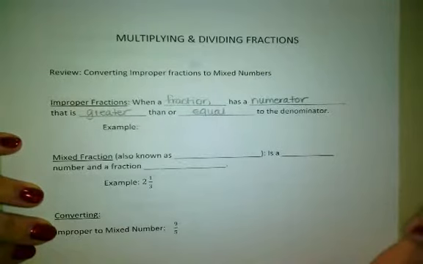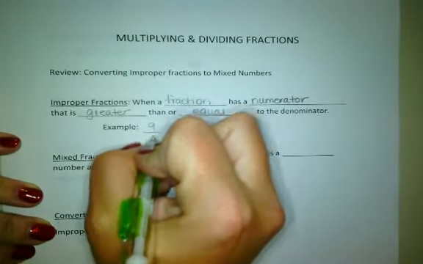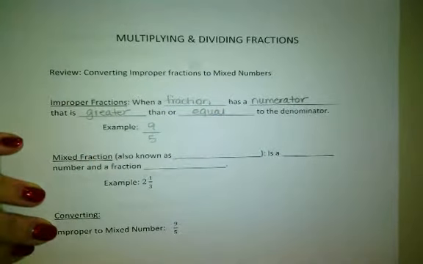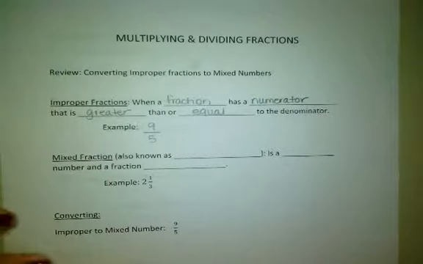Okay, so when a fraction has a numerator that is greater than or equal to the denominator, for example, 9/5. That is an improper fraction.